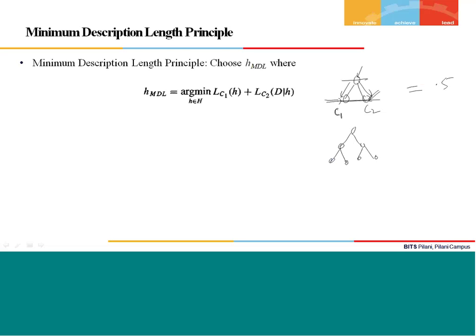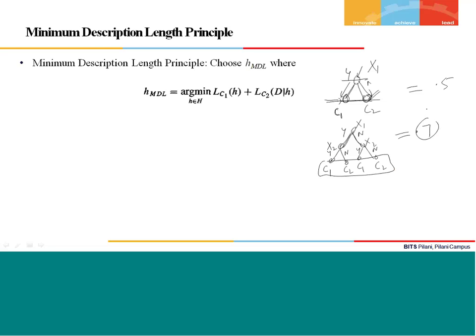Now for x1 you say yes or no, and next you classify on x2. For x1 yes you come to this side, for x1 no to this side, for x2 yes to this side, for x2 no to this side. Now this is C1, this is C2, C1, C2. The accuracy of this classification will be increased, and let's say this is 0.7.